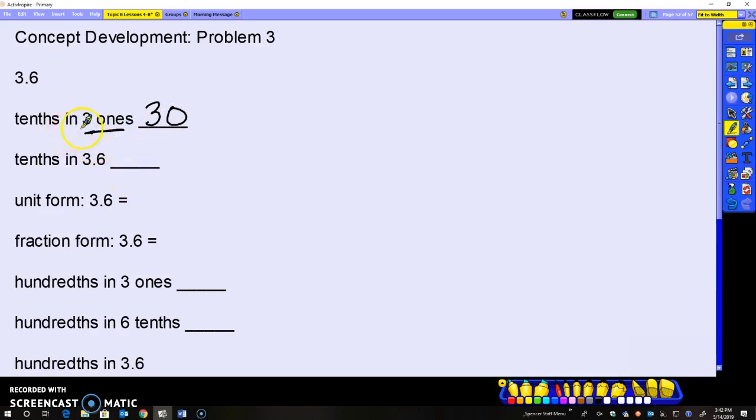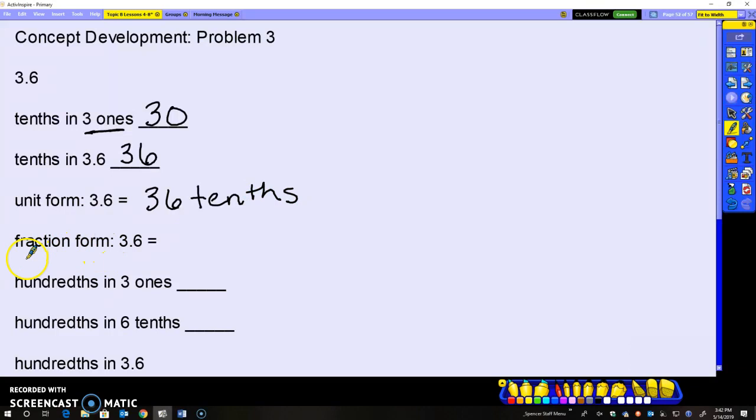Okay, so in each one there's 10, and 10 times 3 is 30. Kind of what we were talking about with our expanded form yesterday. Okay, how many tenths are there then in 3 6/10? There's 36 tenths.